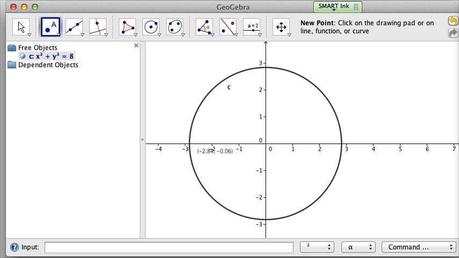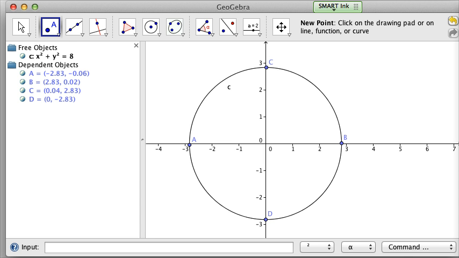Notice it hits the x-axis at about -2.83 and positive 2.83. On the y-axis, it looks like 2.83 positive and -2.83 there. Well, 2.83 is the square root of 8, or 2 root 2.